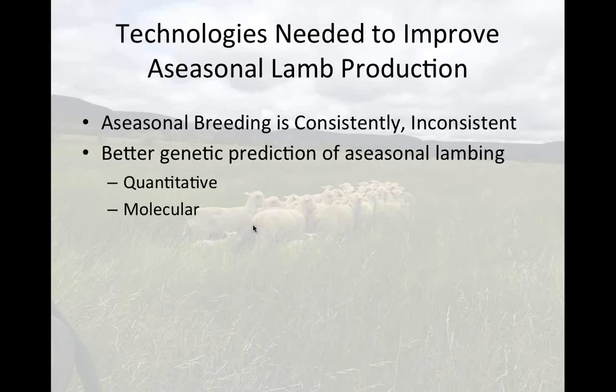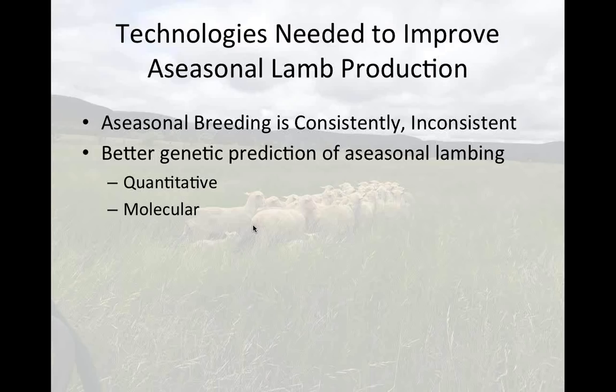The one technology that's probably most needed is better genetic predictions for aseasonal lambing, both quantitative and molecular. Quantitative being an estimated breeding value. We don't have an estimated breeding value for aseasonal lamb production within NSIP currently, and it's something that we've looked into but have not been able to employ yet.